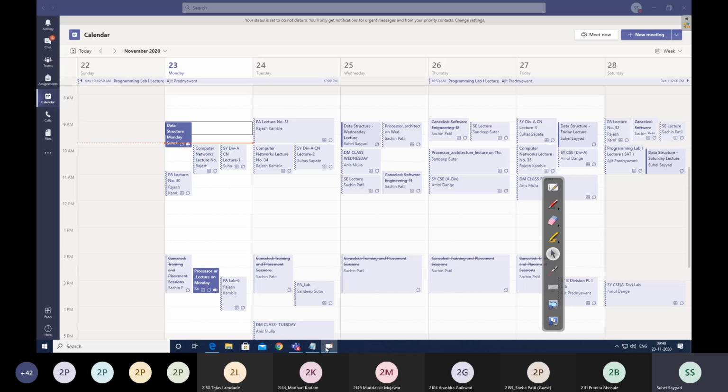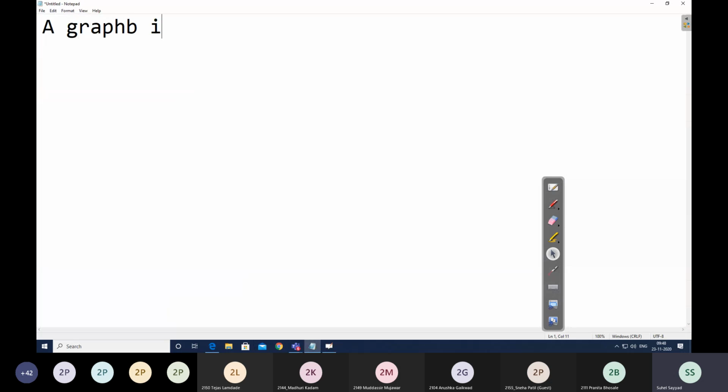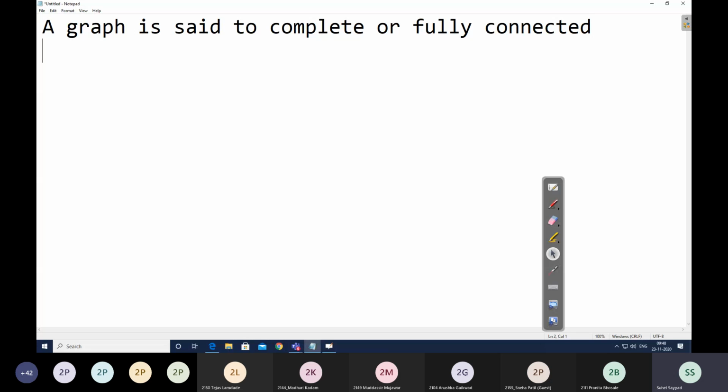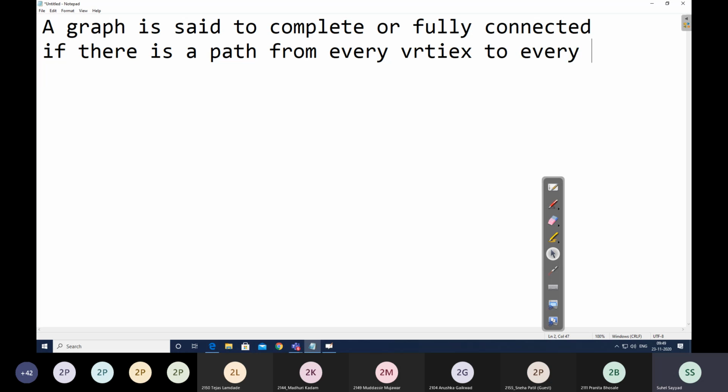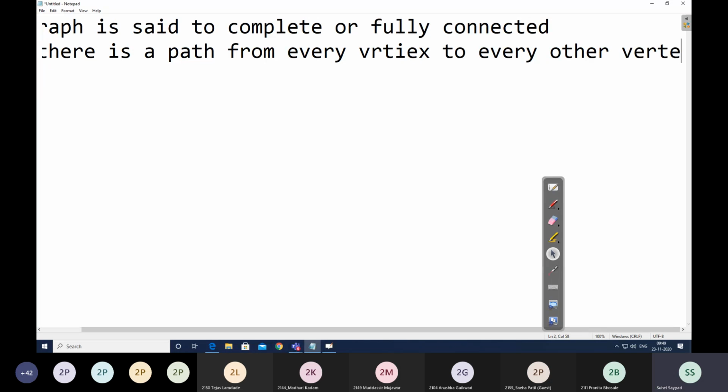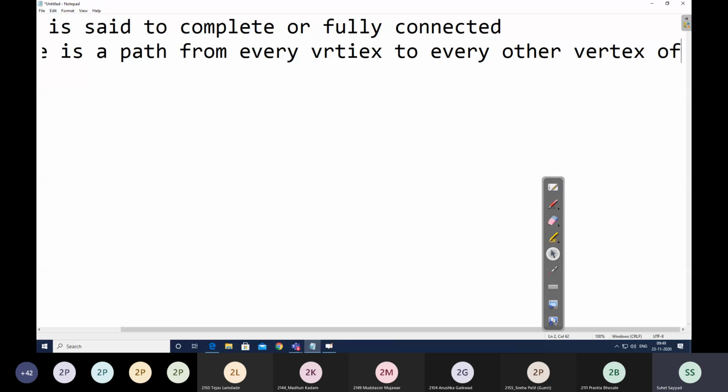I'll write the definition so it will be clearer for you. A graph is said to be complete, or fully connected, if there is a path from every vertex to every other vertex of the graph.